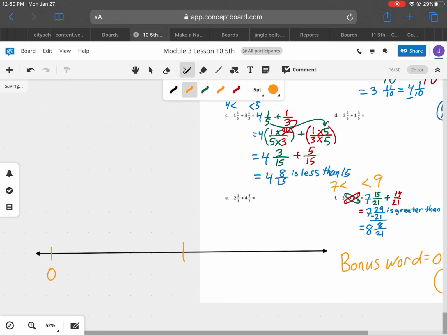I'm going to go to 9, so let's just go 1, 2, 3, 4, 5, 6, 7, 8, 9. So I know that my answer starts off from 0 and goes to 3 and then adds 4 more.